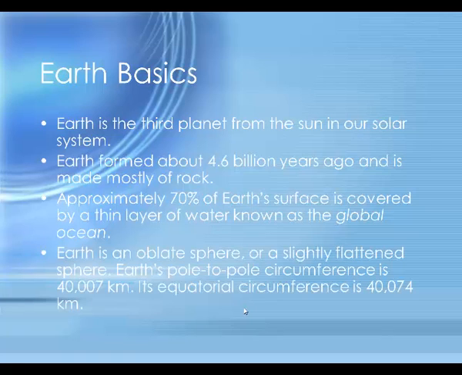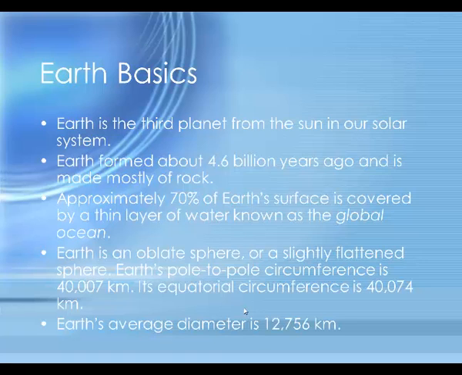Earth is an oblate sphere, meaning that it is slightly flattened. The pole-to-pole circumference is 40,007 kilometers, whereas its equatorial circumference is 40,074 kilometers. So the equatorial circumference is about 70 kilometers larger than the polar circumference.